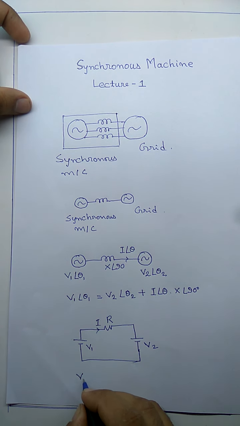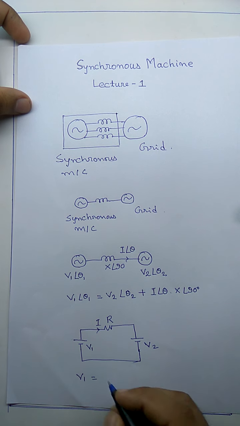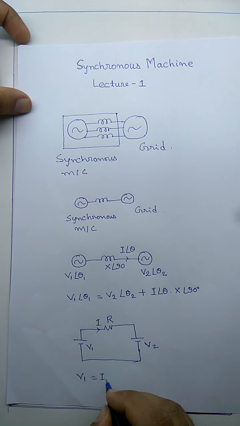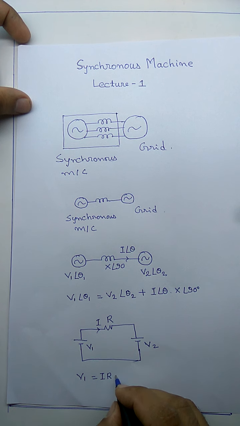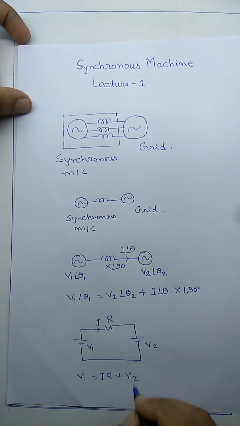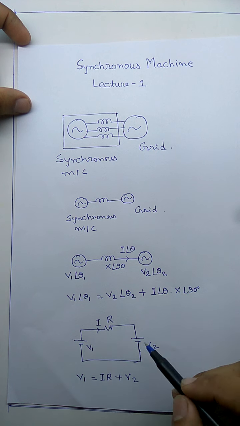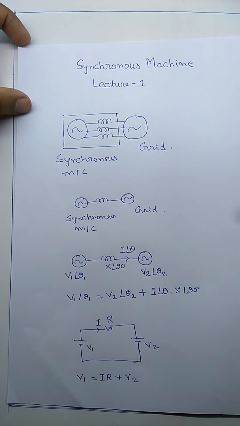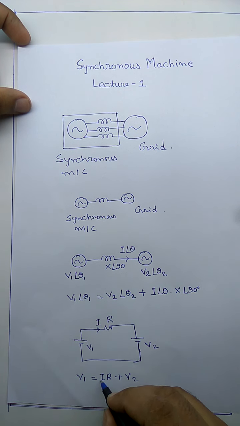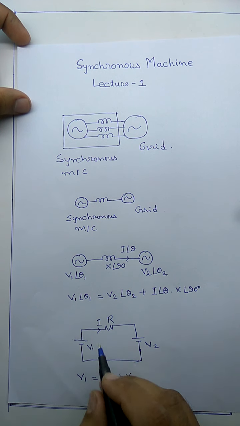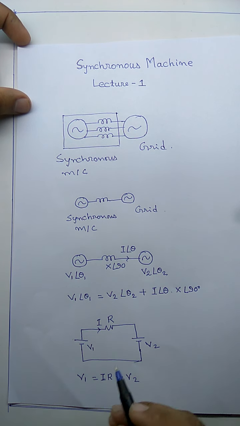We will write V1 is equal to I times R plus V2. When we write this equation, what do we assume? We assume that the current is flowing from V1 to V2. And if the current comes out negative, then we understand that we have taken a wrong direction. The current is actually flowing from V2 to V1.